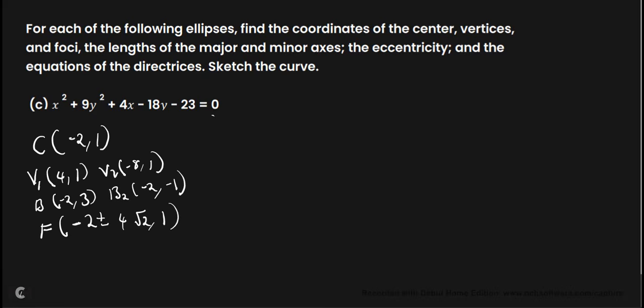Then the next thing that we need to take note of again is the directrix. The directrix in this situation was 9 over root of 2. So these are the main things that we use when you're plotting a graph.